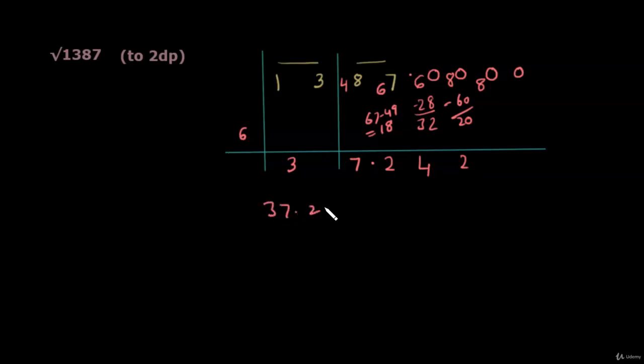And 37.242 and so on. Now there is 2 after 24, and rounding the value for this answer is 37.24. So the square root of this number up to 2 decimal places is 37.24.